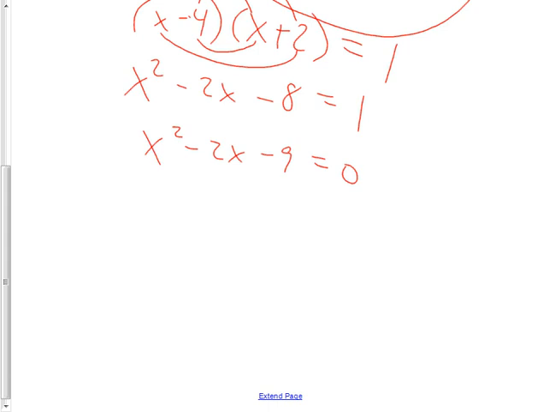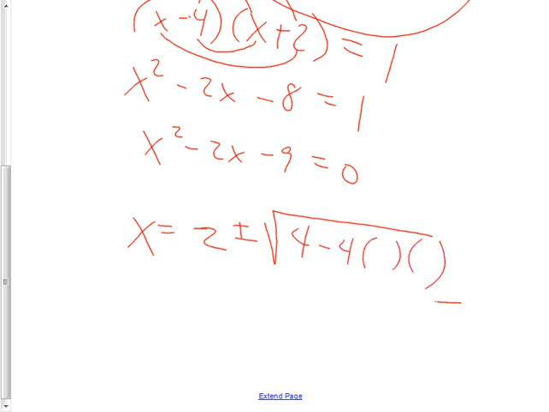If it won't factor, quadratic formula. X equals negative b, which is negative negative 2, which is 2, plus or minus square root of b squared, which is what? 4, minus 4ac, all over 2a, and 2 times a is 2.